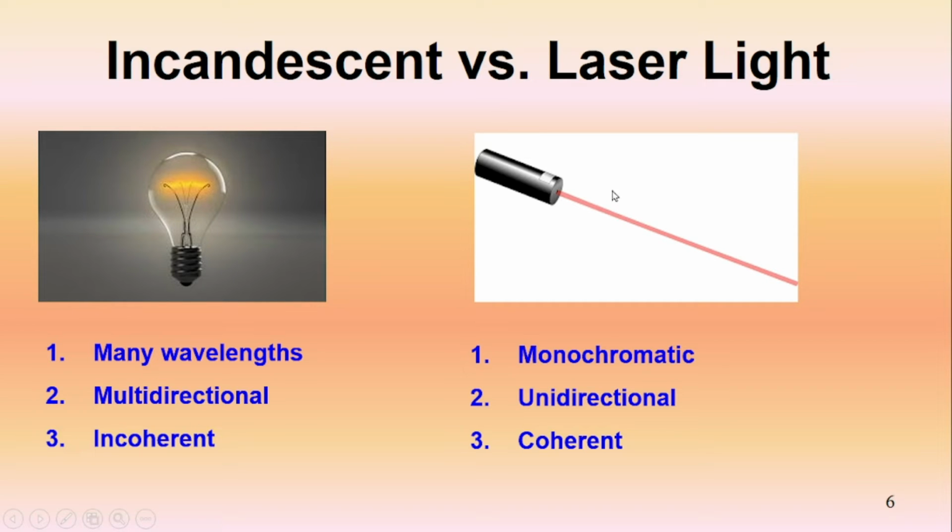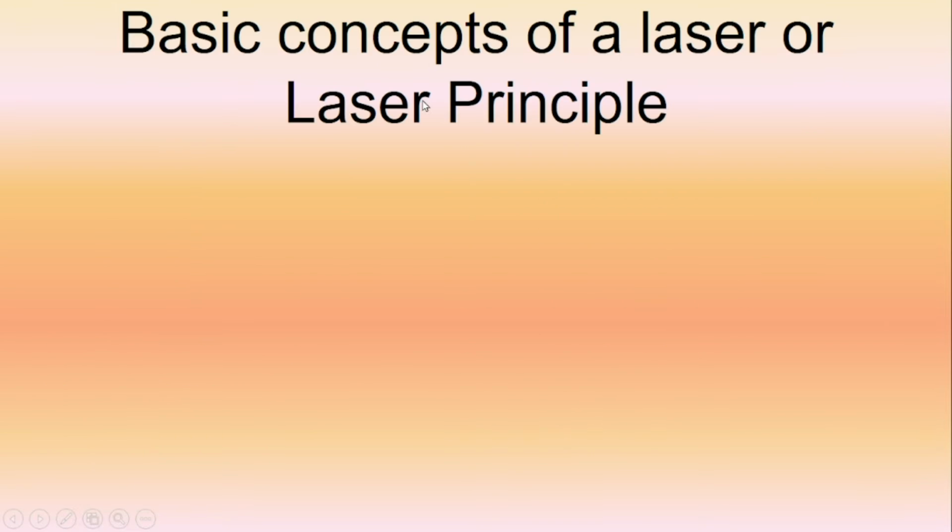But when we see laser beam, we find that it is monochromatic, unidirectional, and coherent. This is the major difference between incandescent and laser light.